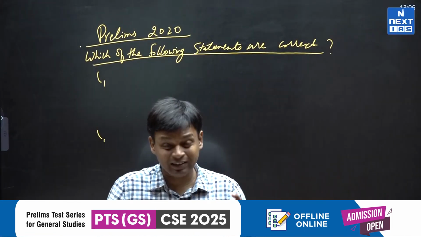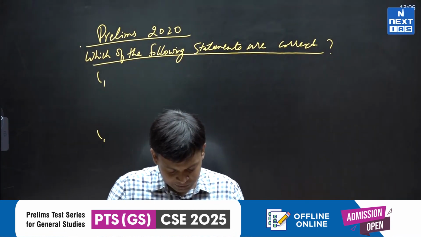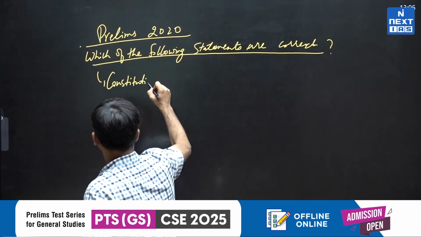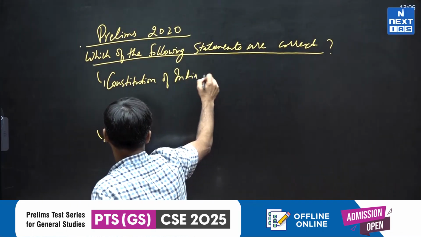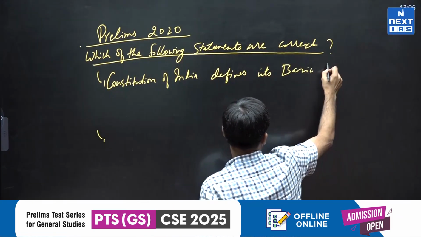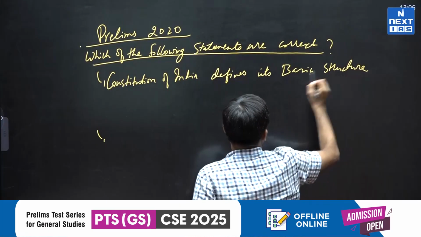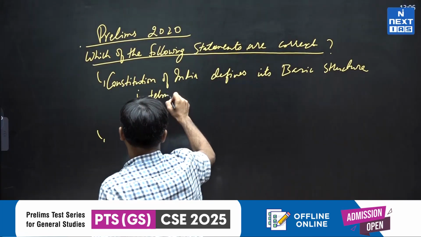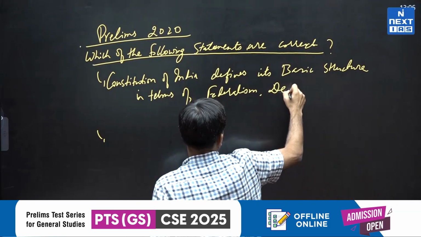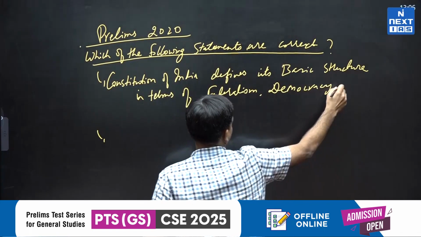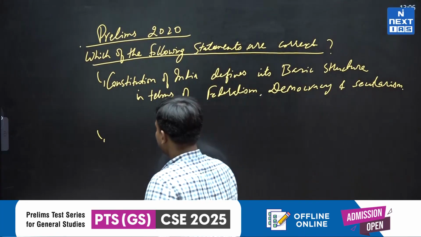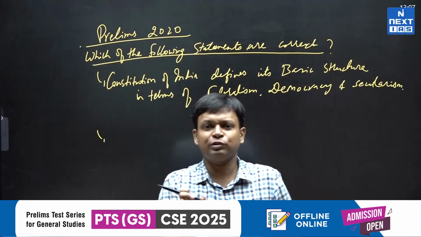The Constitution of India defines its basic structure in terms of federalism, democracy and secularism. And the second statement is the constitution provides for judicial review to safeguard individual liberties.